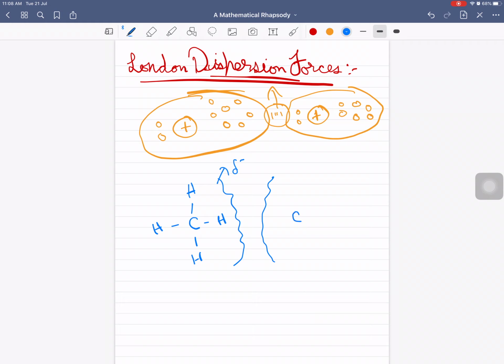And let's take another molecule. Less amount of electrons are present here at one time, so there will be an attraction here. So these are called London dispersion forces, right? But these are very important in non-polar covalent molecules.